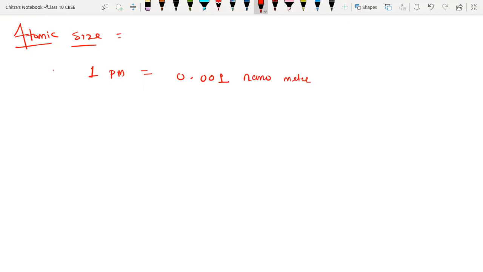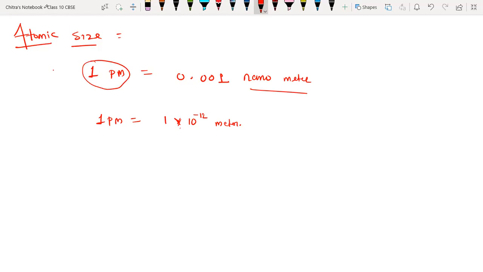If you want to compare with the meter, then 1 picometer equals 1 into 10 to the power minus 12 meter. It is really a very small unit. It is like 0.00 up to 12 zeros and then 1. I hope you understood that. So we are using the picometer distance.